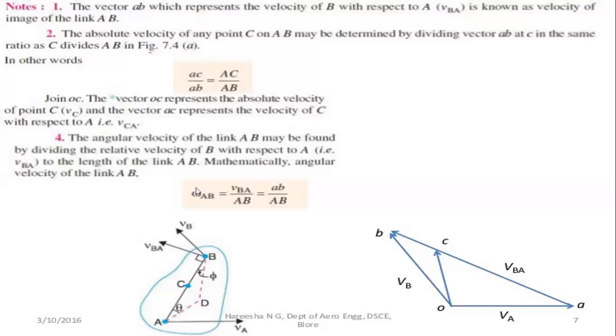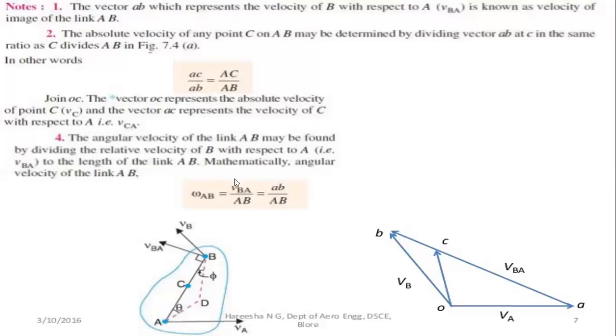So here I am taking the angular velocity of AB. The relative angular velocity of the link AB may be found by dividing the relative velocity of B with respect to A, that is VBA, by the length of the link AB.